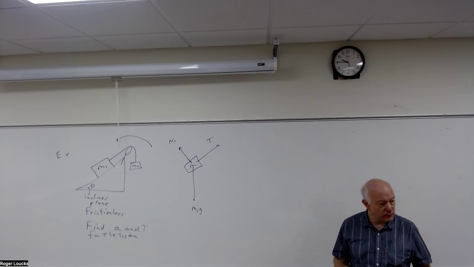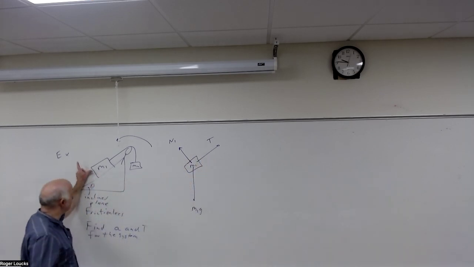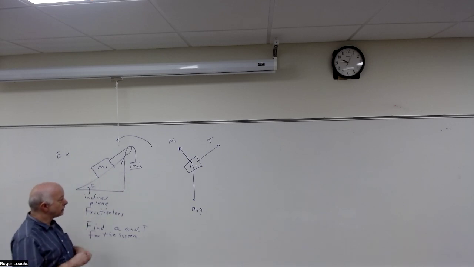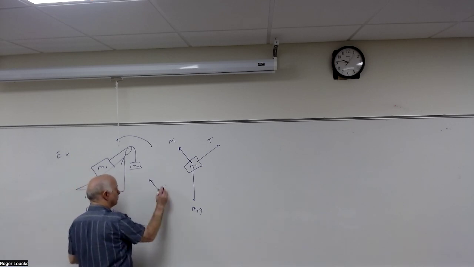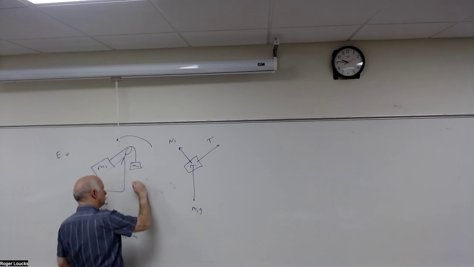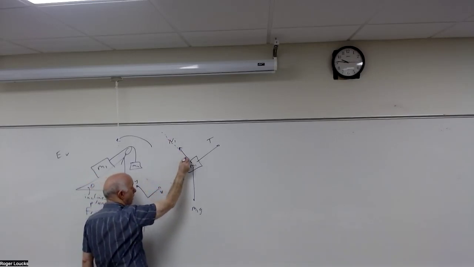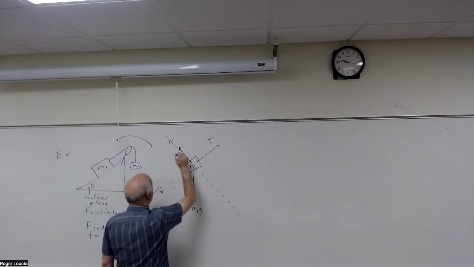So how does M1 move? Down here like that. So I'm going to take basically a skewed coordinate system that looks like this. What that means here is that this is really my y-axis here. That's my y-axis.